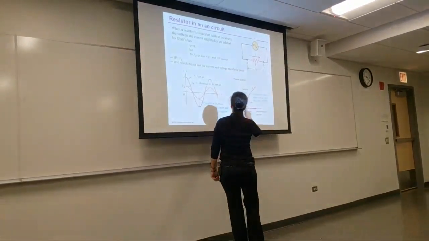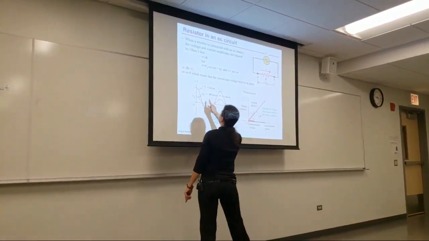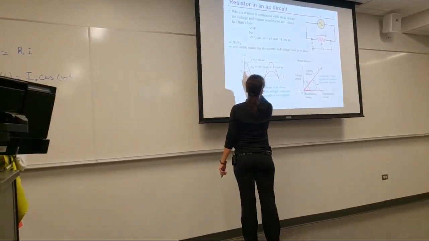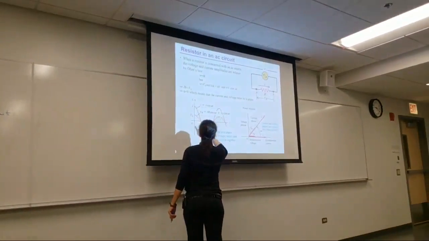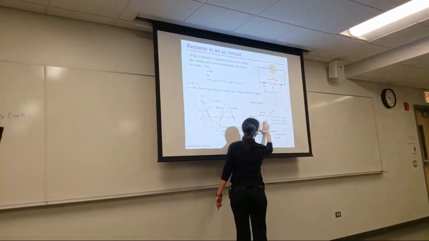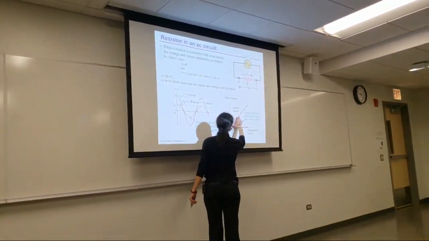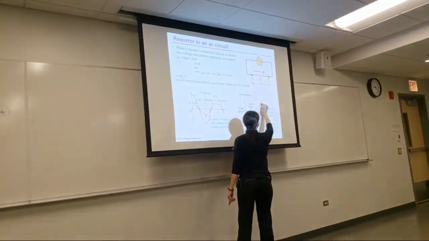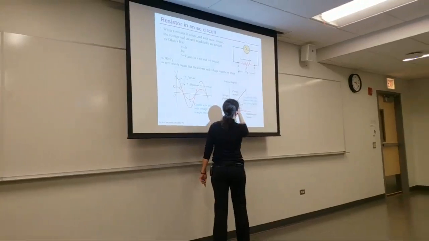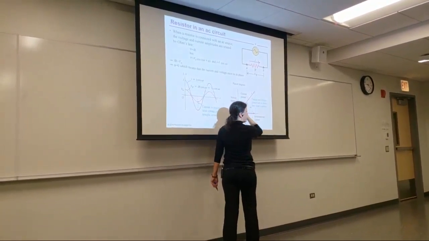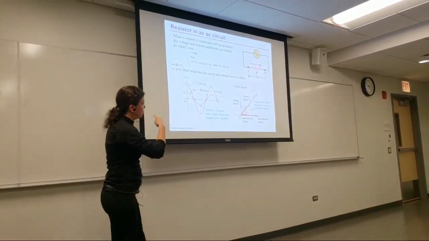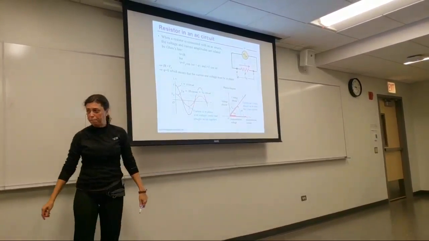I have to put S here. This is the source, and it has a voltage that's in phase with the current. Obviously this is V and this is I. If I multiply I by R, then these two vectors must be the same length. Both vectors are equal to each other, and they're rotating at an angular frequency of omega.